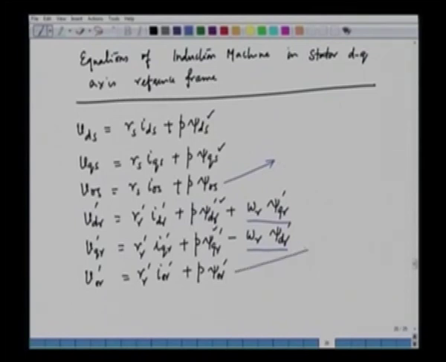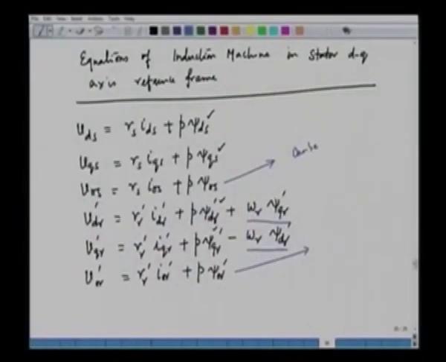These two components can be neglected so far as the torque production is concerned. The zero sequence components do not take part in production of the torque, and hence the zero sequence equations can be conveniently avoided while calculating the machine torque and machine speed. So we can say that this can be ignored for torque calculation.